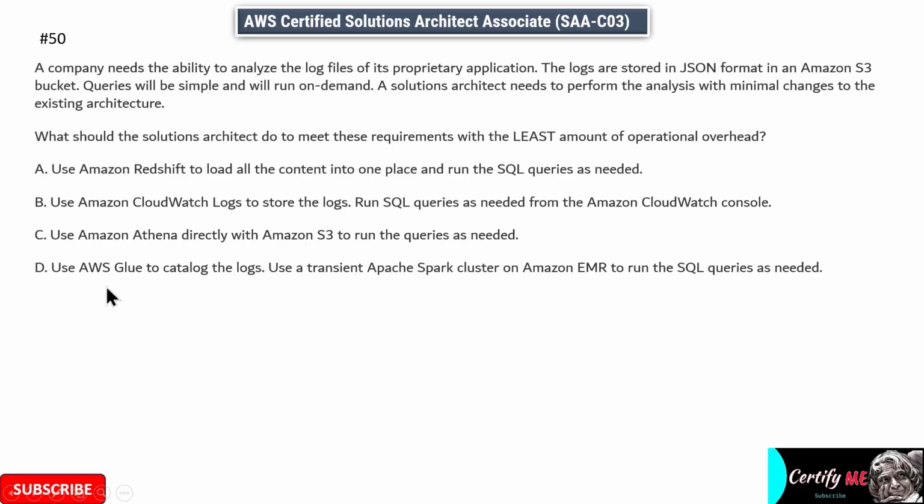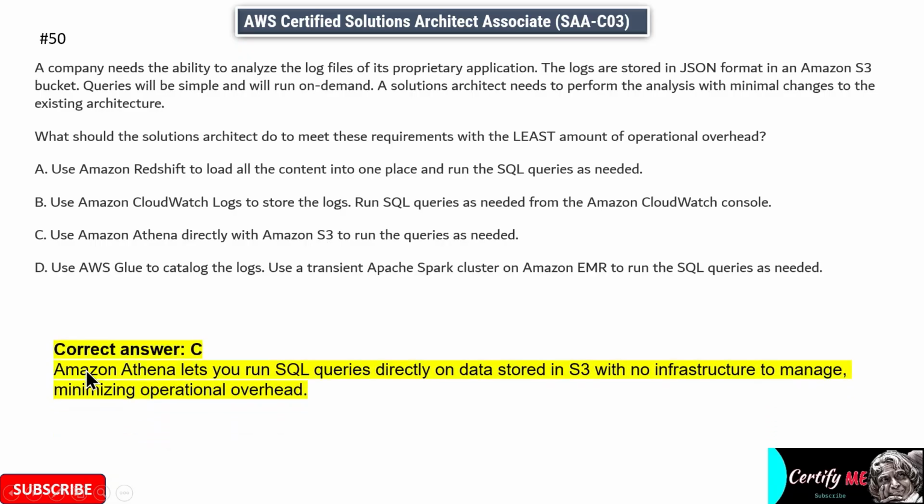Option D. Use AWS Glue to catalog the logs. Use a transient Apache Spark cluster on Amazon EMR to run the SQL queries as needed. The correct answer is option C. Amazon Athena lets you run SQL queries directly on data stored in S3 with no infrastructure to manage, minimizing operational overhead.